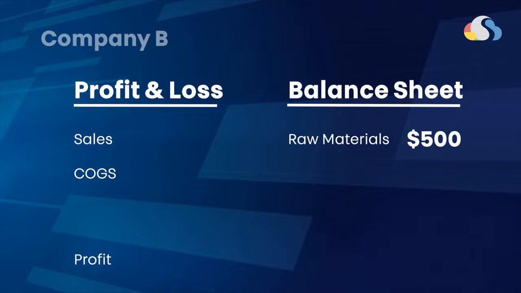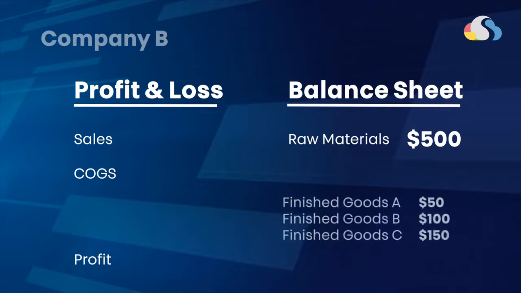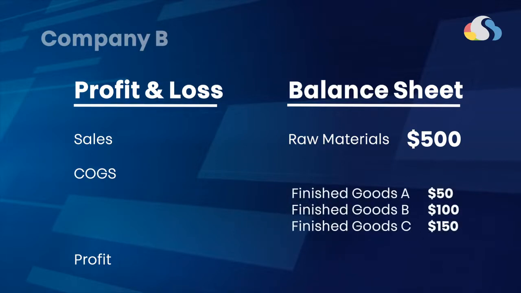What they would realize is, for each type of product, they would use different raw materials. In this example, you've got finished goods A, B, and C. A takes $50, B is $100, and C is $150, and that rounds up very nicely to $300, which means the remaining raw material is $200.